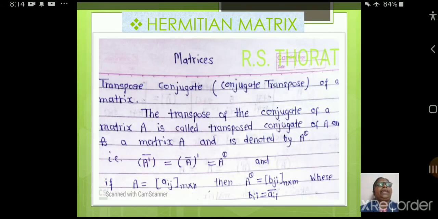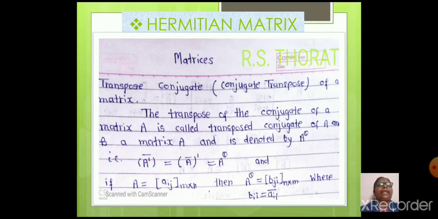Now, I am going to discuss with you the next part of matrices, that is Hermitian matrix. First, we will see the definition of transpose conjugate, that is, conjugate transpose of a matrix.